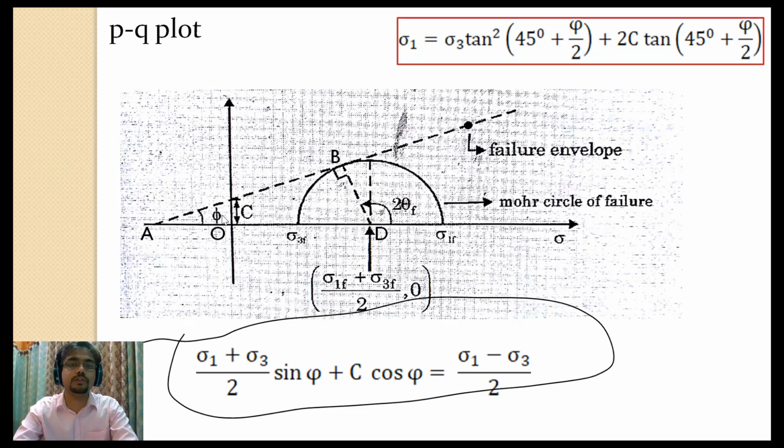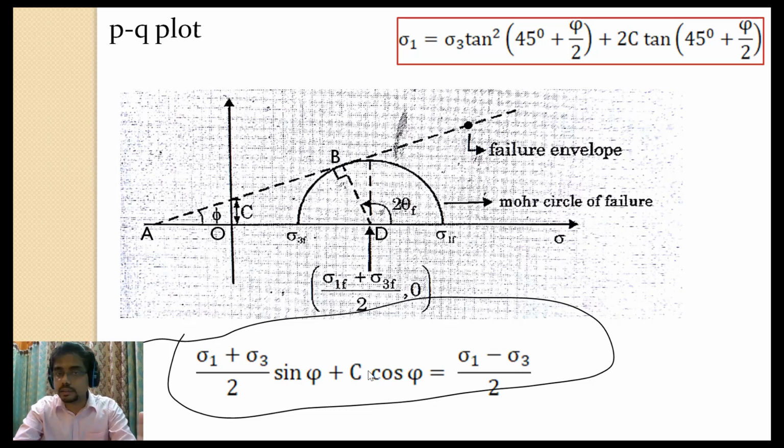Now in the form of sine phi, which is equal to BD by AD, if we replace all these values, we are going to get this kind of equation. Is that clear? So in this case, we can derive this equation quite easily.